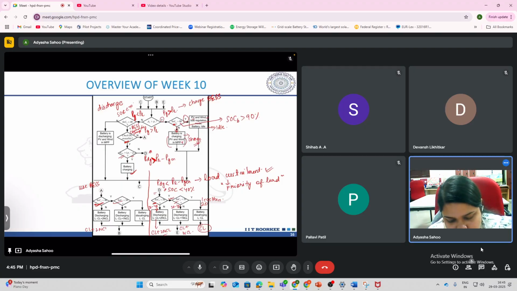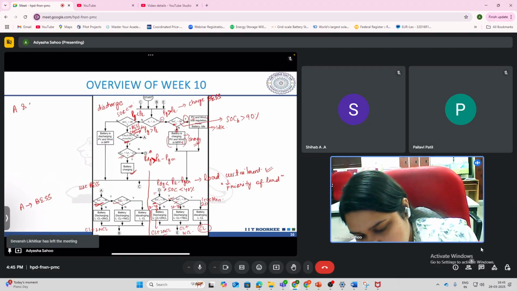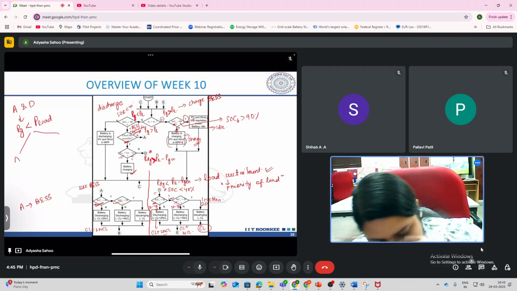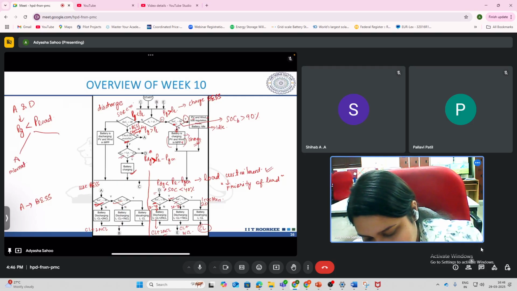So the difference between algorithm A and algorithm D is that in the A condition, the power support is only provided by the BESS. In both A and D, you have PG less than P load. So in A, the mismatch is supplied by discharging the battery.